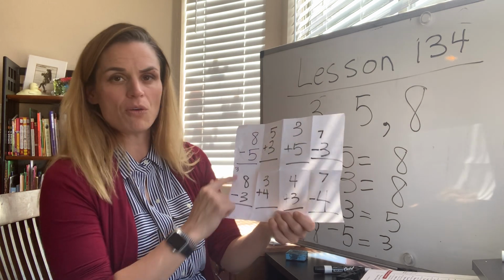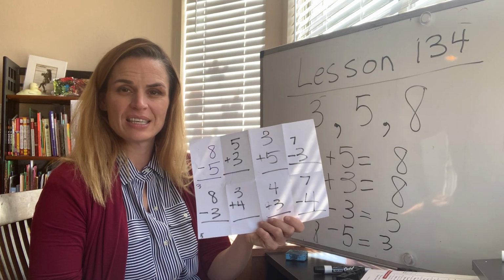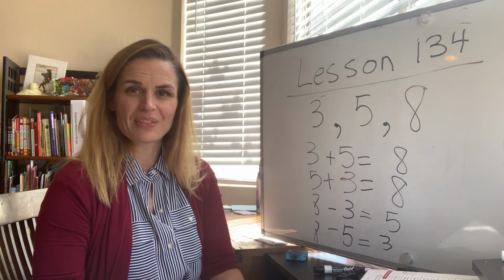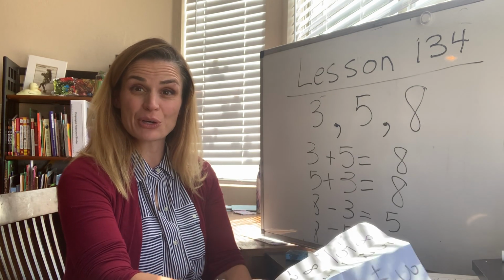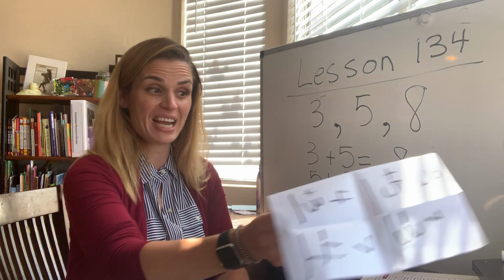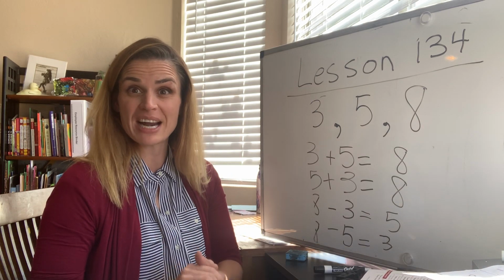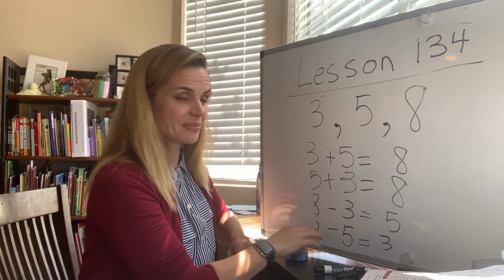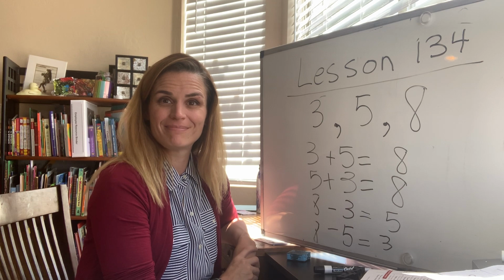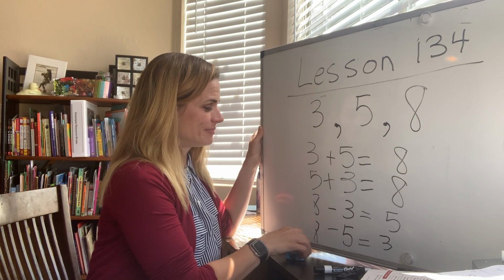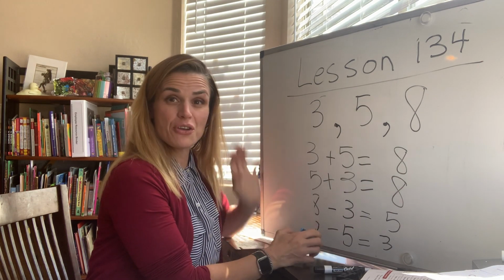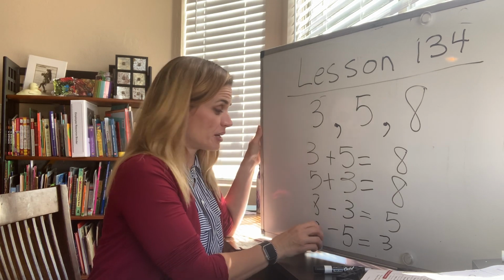So make sure you get all 4 of those. And then set it to the side because we're going to put another fact family on there. And then we'll cut them out and we'll practice. All right? You can pause the video if you need longer.